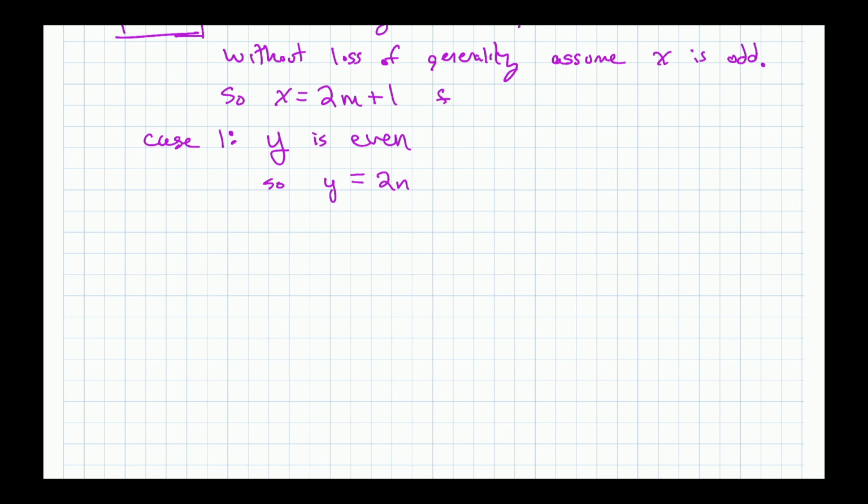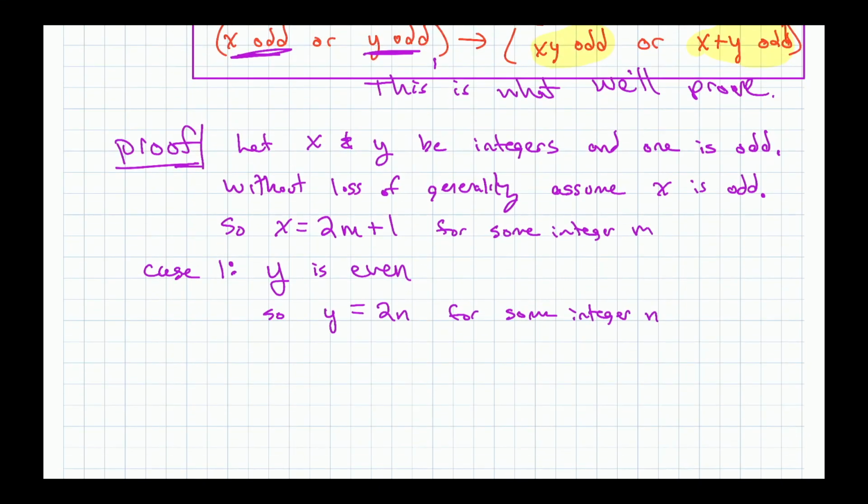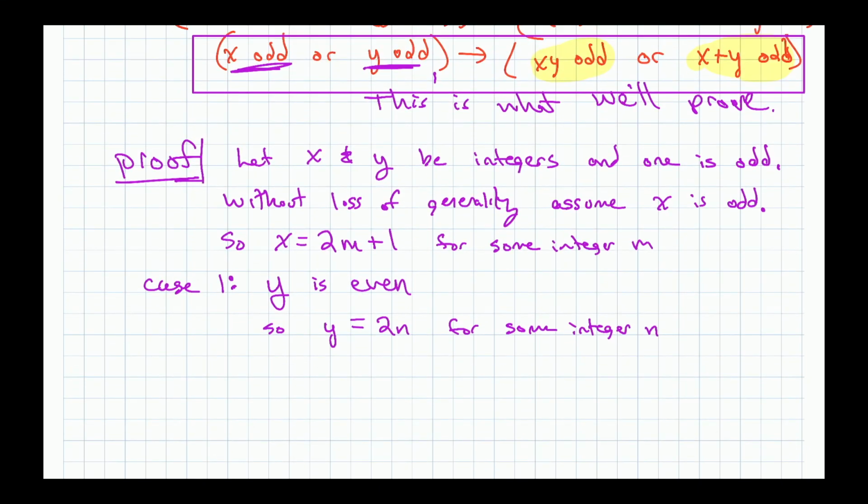And I should have set that up here, but for some integer m, and down here for some integer n. Now what we want to do in case one is figure out what's happening here. I think this is what's going to end up odd, right?